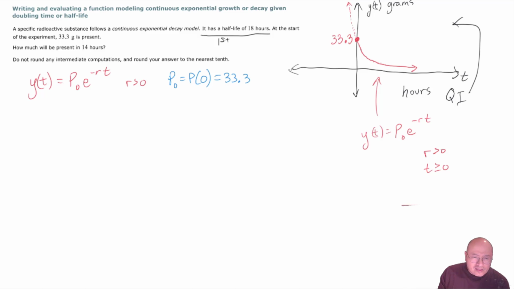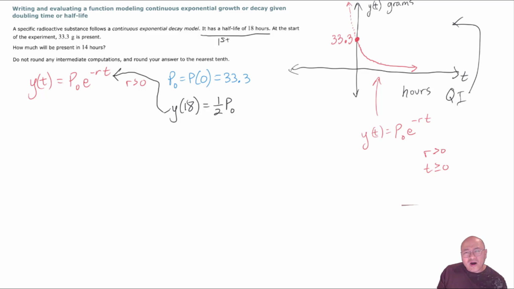Well, we're going to see that y of 18 is equal to 1/2 times p naught. And we know that p naught is not 0. I'm going to take this and substitute it into this equation.